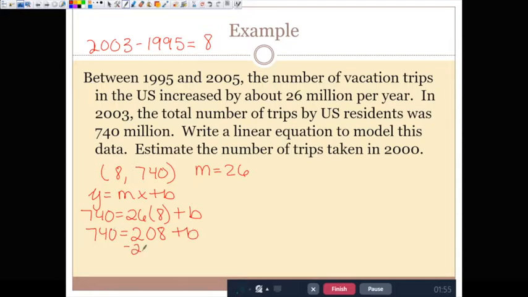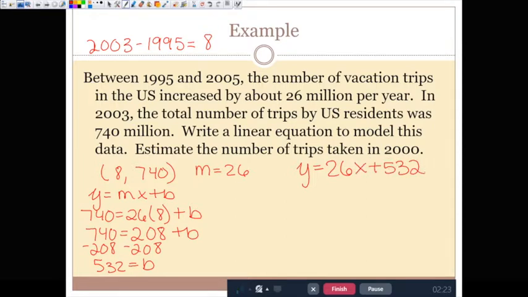And so I'm going to subtract 208 from both sides. So what's 740 minus 208? 532 equals B. So now that I have M and B, I can write my equation. So my equation is going to be y equals 26x plus 532.